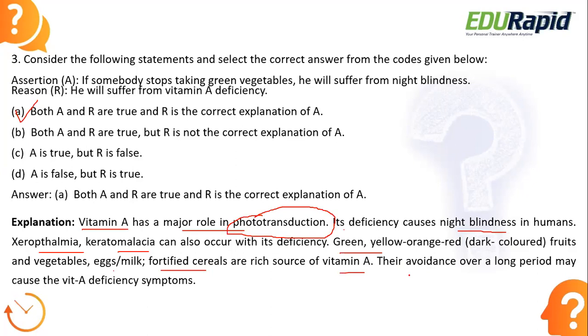Right? If you are not consuming vitamin A in our diet for a longer period of time, that can lead to vitamin A deficiency symptoms. So both of these statements are right according to the given statement here.